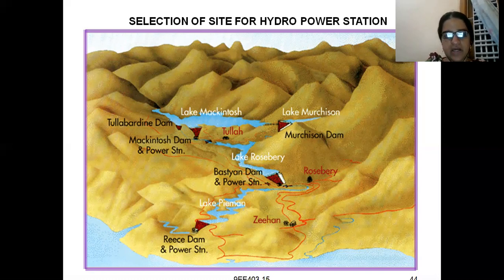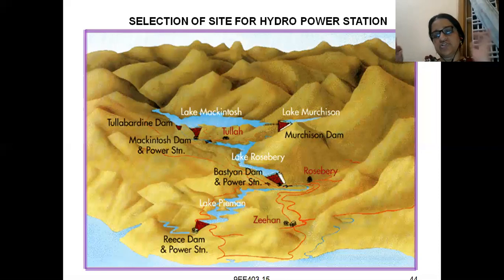Nearer to the lake you have the reservoir. From that the whole arrangement is there, and down below they are showing a triangular shaped power station. So usually your hydroelectric power stations are available at heightened places.